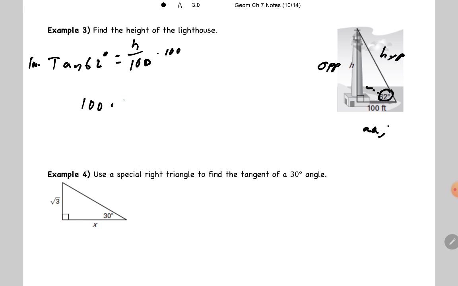And we'll get 100 times whatever the tangent of 62 degrees is. So tangent of 62 times 100 is 188.0726 feet.